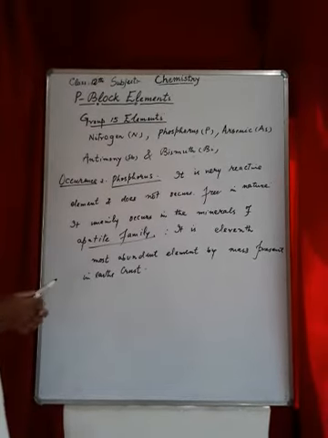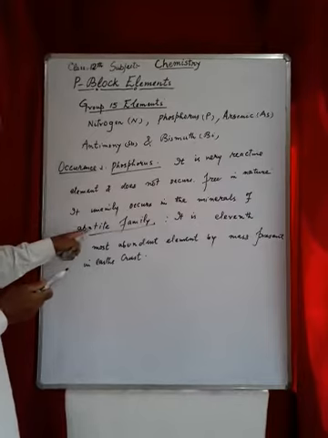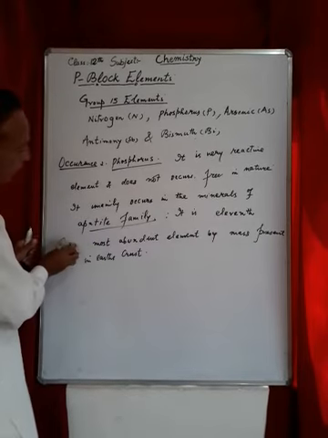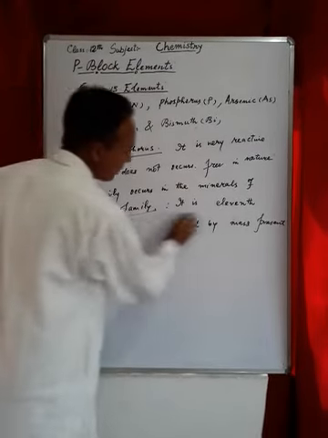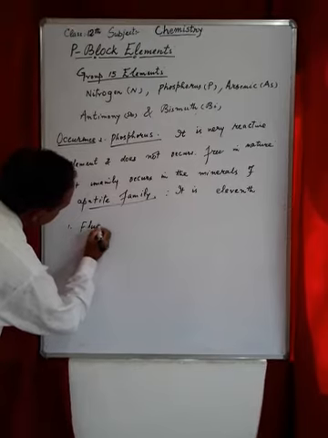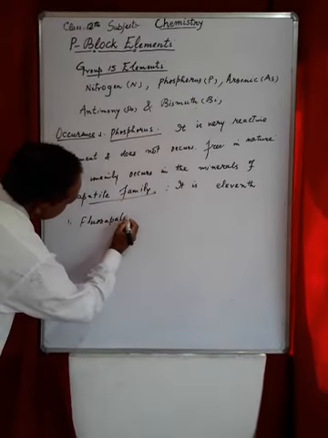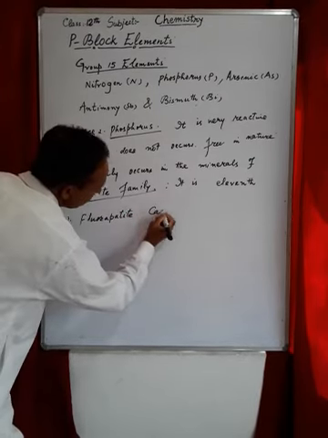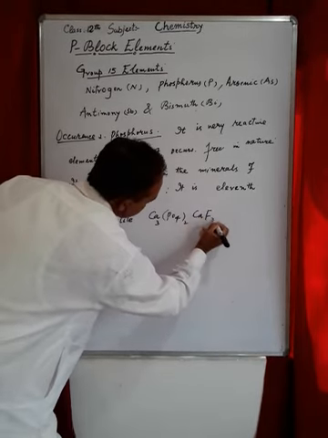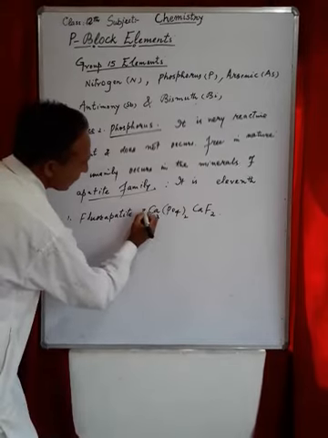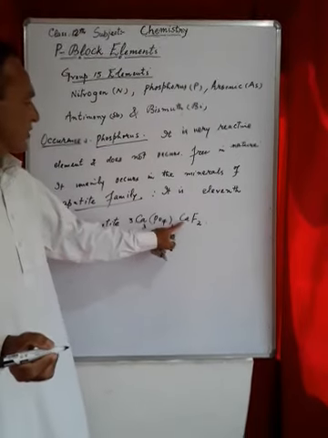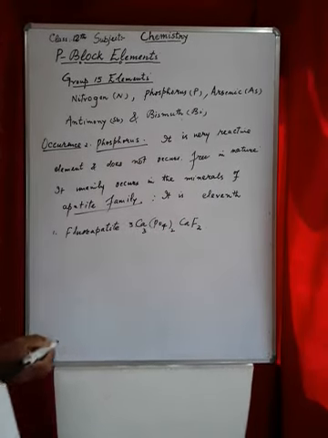And the minerals in which this phosphorus exists, in the form of the apatite family, are: number one, fluorapatite, Ca3(PO4)2·CaF2 taken 3 times, or we can write Ca9(PO4)6·CaF2.